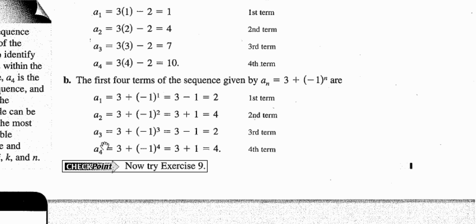A sub 3 is 3 plus negative 1 cubed, which equals 3 minus 1, which is 2. A sub 4 equals 3 plus negative 1 to the fourth, which is 3 plus 1, which is 4. And the sequence is going to do this forever, by the way. It's going to bounce back and forth between 2 and 4. 2, 4, 2, 4, 2, 4, 2, 4. Whenever that happens, the sequence is said to be oscillating between two values.